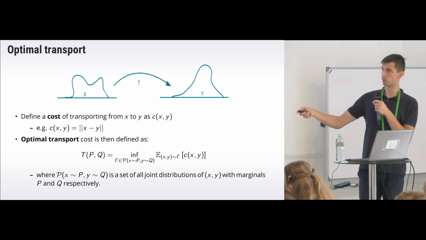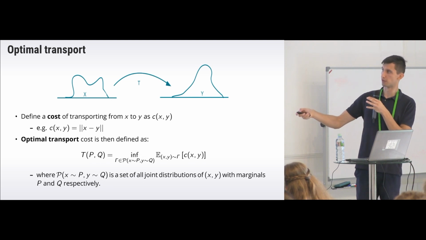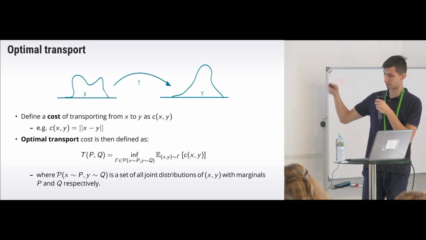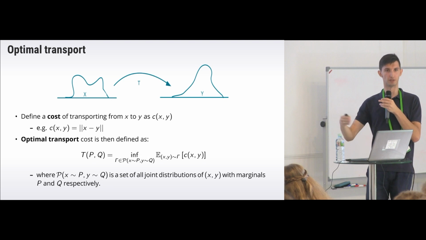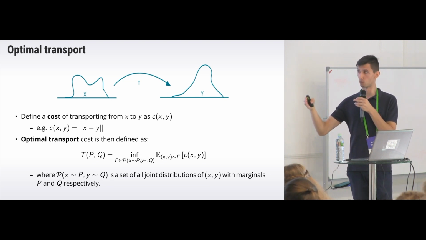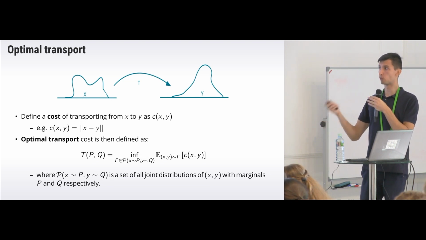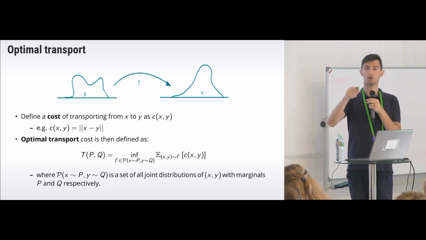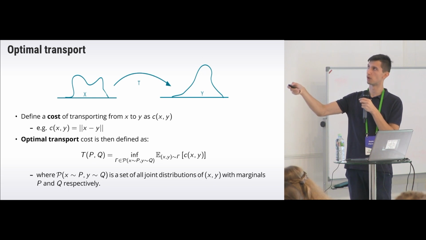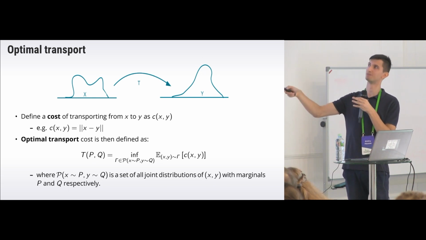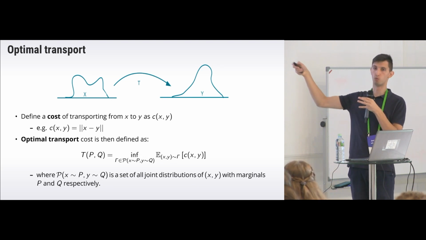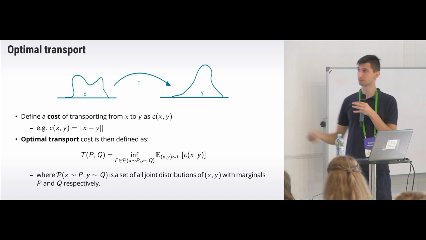And then, for example, let's test one gamma. We pick a gamma from this family, then we sample points from this gamma, and then we compute the cost, the energy that we spent on transforming one pile into another one. So what does it mean? Gamma tells us from which point in one distribution we should take some quantity and transform it to another point in the second pile.